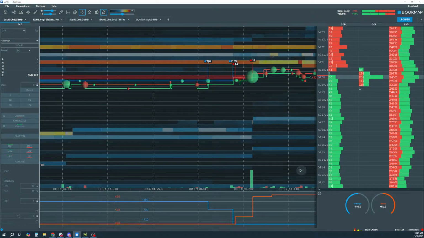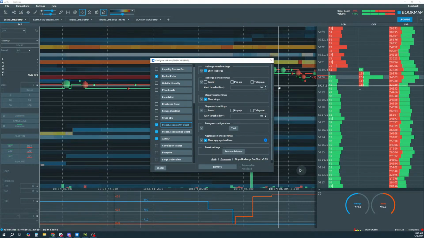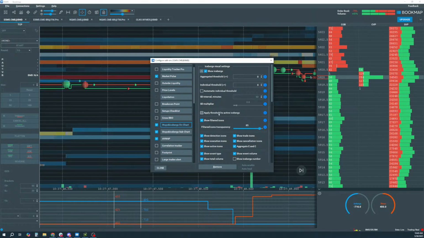These are my settings here, and I've got the aggregate in here. I like this setting, but I know others don't. They want to look at a very specific number. If you do, then just put in the individual threshold in here. I think it was John last night.